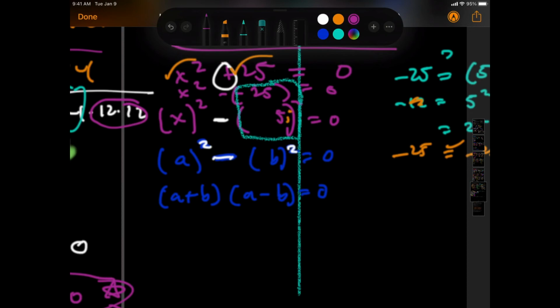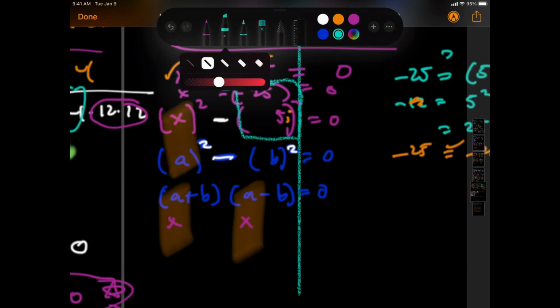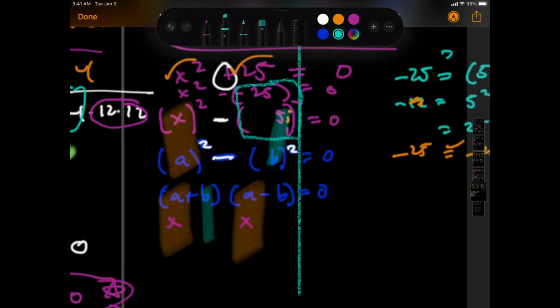So the a value is going to be x. The b value is 5i. And then we can just go back and fill in everything.